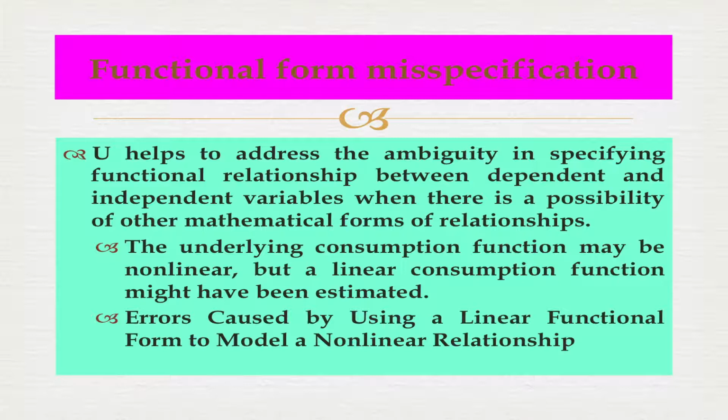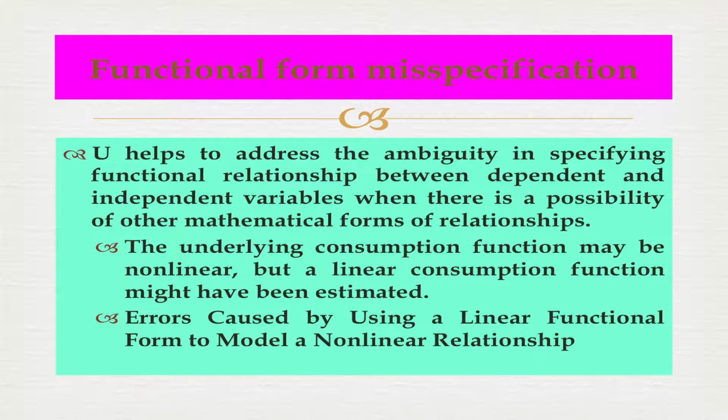There are other possibilities for the inclusion of u. Fourth, functional misspecification. U helps to address the ambiguity in specifying the functional relationship between the dependent and independent variables. When there is a possibility of other mathematical forms of relationship, for example, the underlying consumption function may be non-linear, but a linear consumption function might have been estimated.